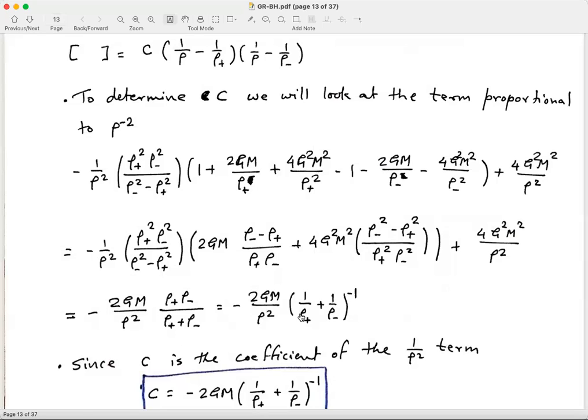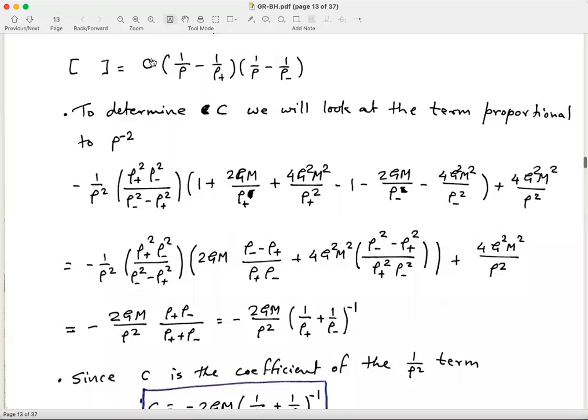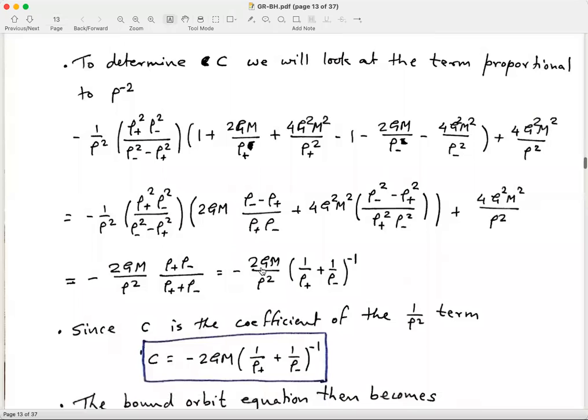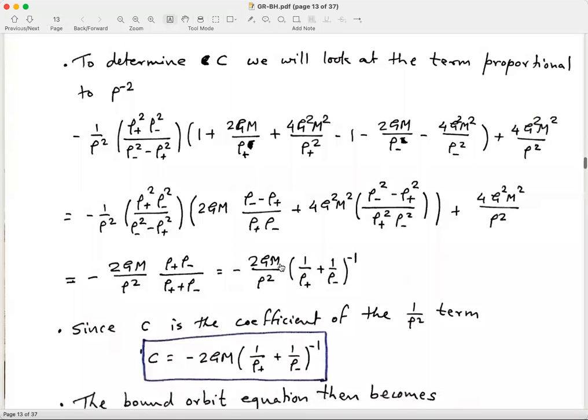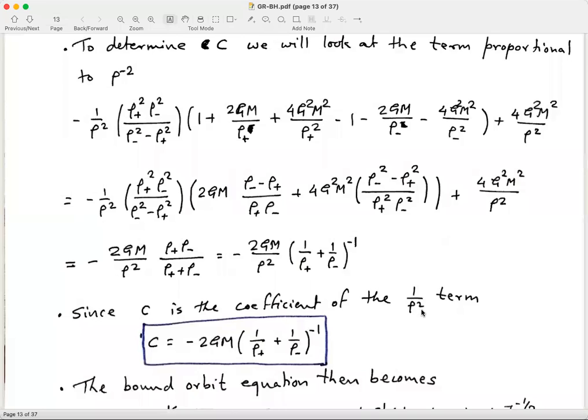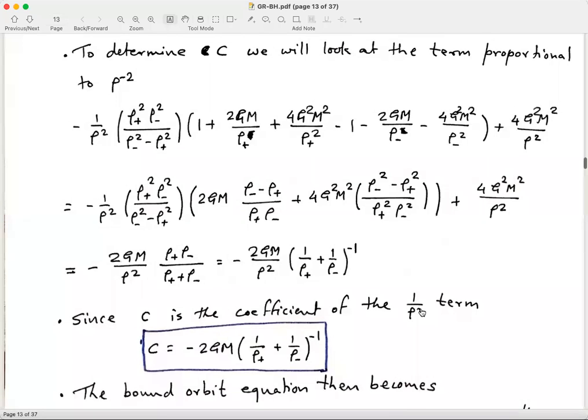So that is it. The term proportional to 1 over ρ², which was C, can be read off from here. It is minus 2GM upon the inverse of (1/ρ+ plus 1/ρ−).